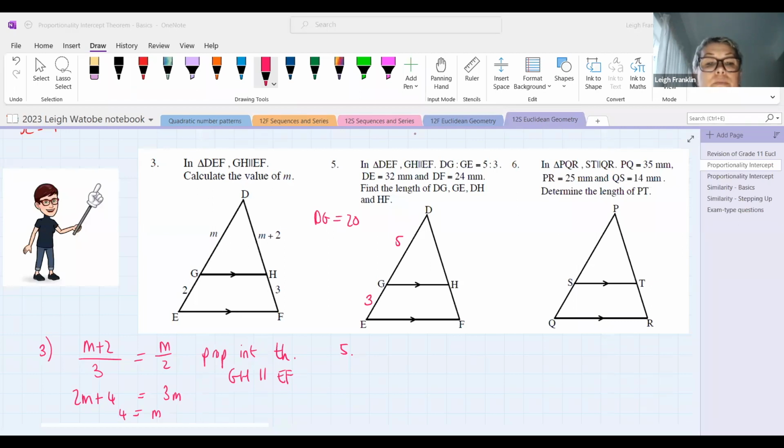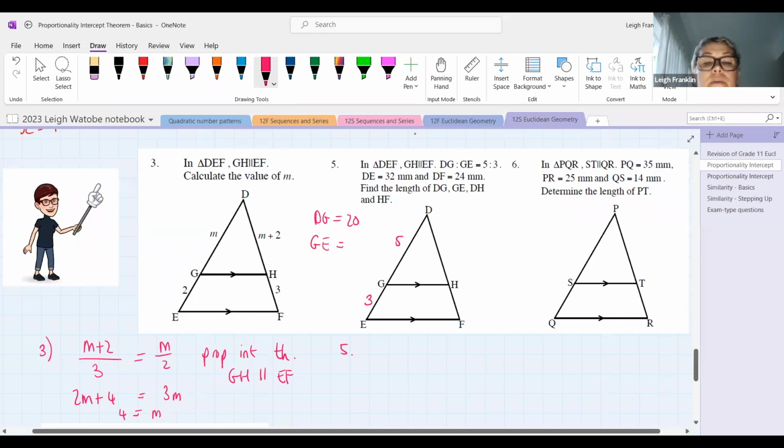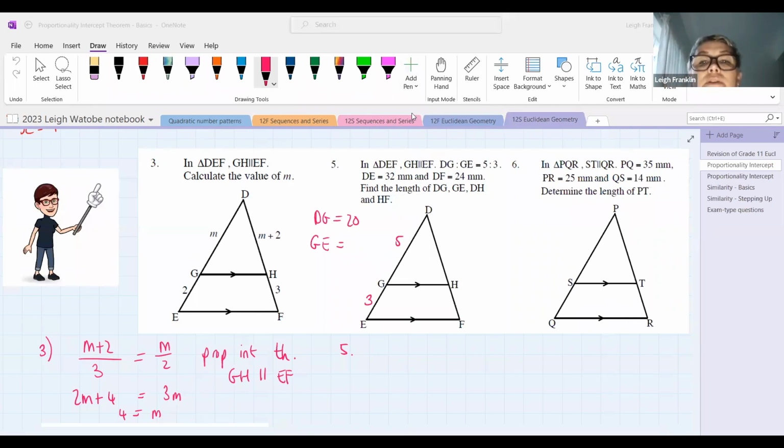Okay, so Lorata's putting an answer for GE here as well. Let's see what you got, Lorata. Yes, GE is 12. You guys are right. Good. Excellent.